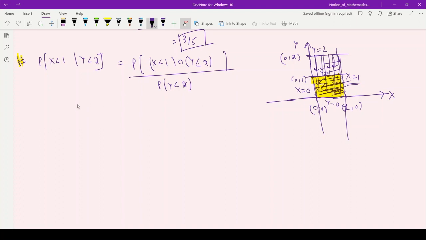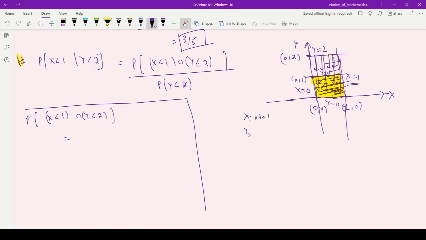So that is what we can try to solve separately. X less than 1 intersection y less than 2. Okay, so I'm solving it separately here. As I told you, here the limit of x is from 0 to 1, and the limit of y is also from 0 to 1.